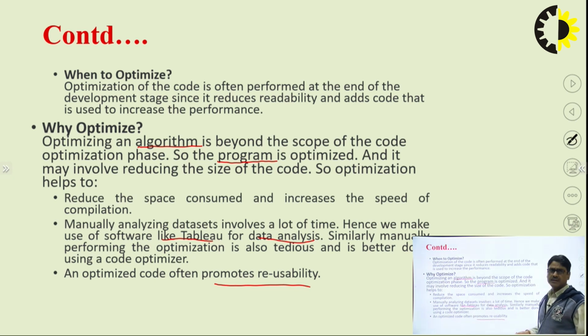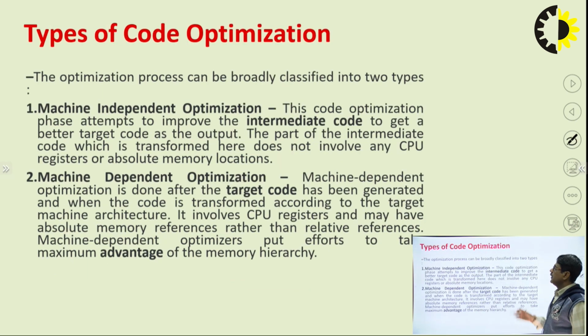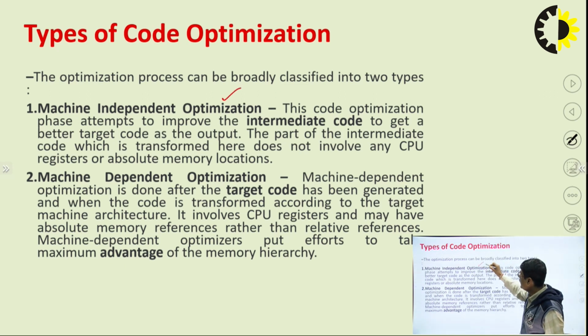Now we go on to the next PPT. An important thing: what are the types of code optimization? There are two types: machine independent code optimization, and second, machine dependent. If we are talking about code optimization, basically we are discussing machine independent code optimization, because machine dependent optimization involves some hardware requirement and hardware specification, and depends upon the availability of the machine.